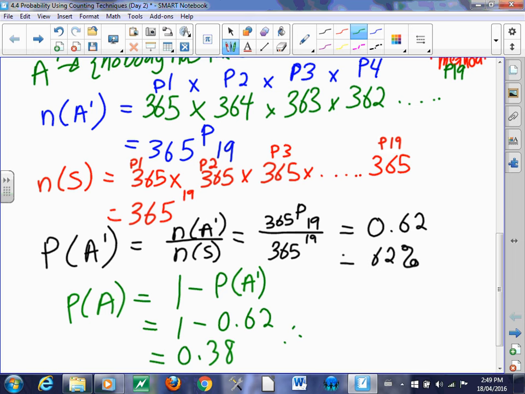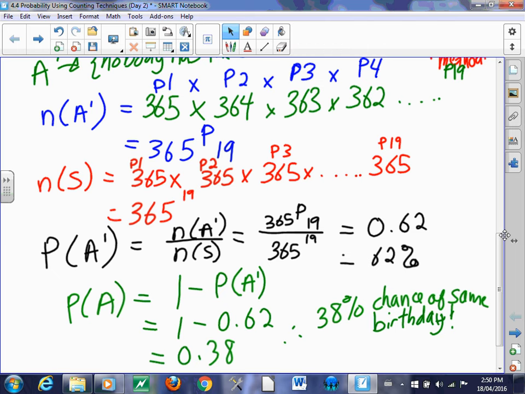Therefore, to answer this question, there is a 38% chance of the same birthday. Make sure you know how to do this, because hint, hint, you might see one of these on your unit test. Quite often I use one of these as an example. Do you understand how to set this up?